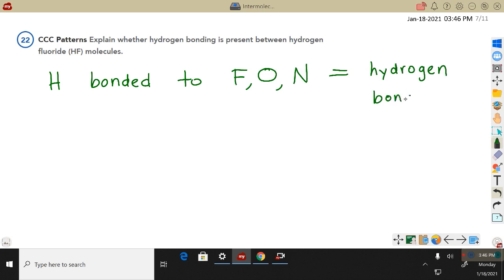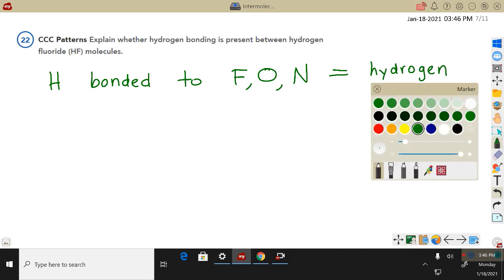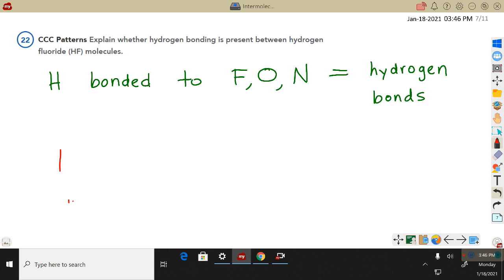Okay, but here's the deal. Let's say I draw a Lewis dot structure for HF. Super easy. HF. 1 valence electron on hydrogen, 7 valence electrons around the fluorine. Connect the dots, good to go.